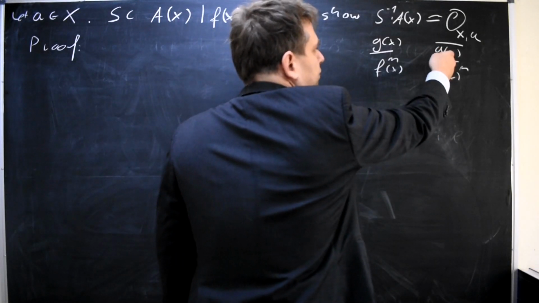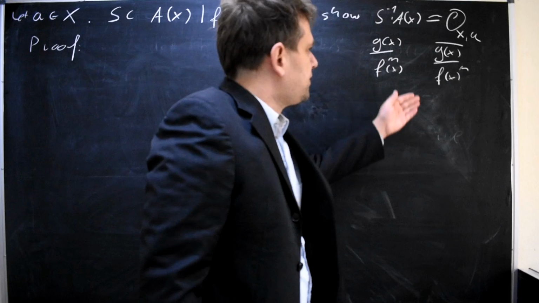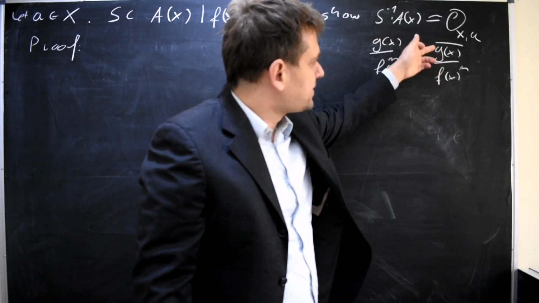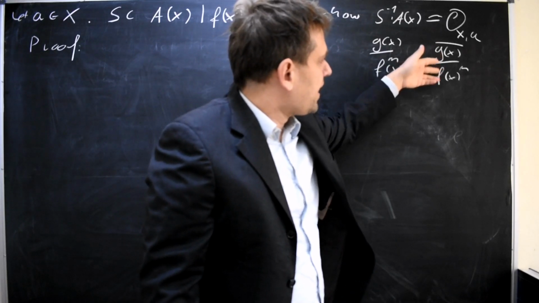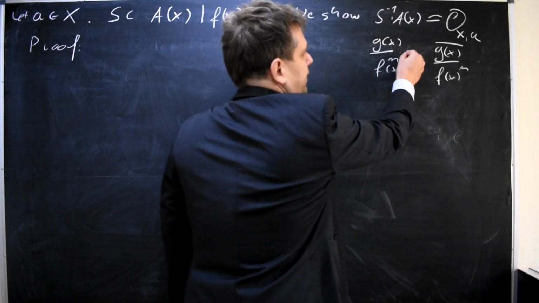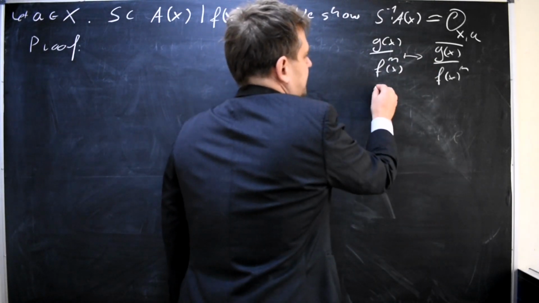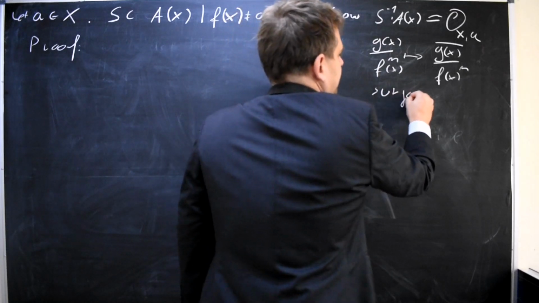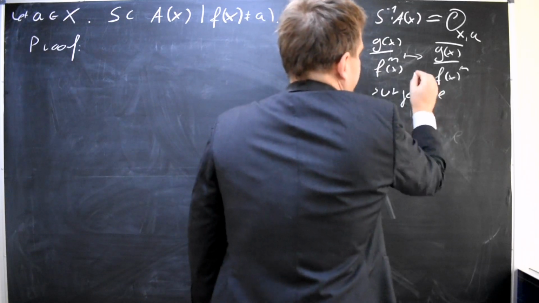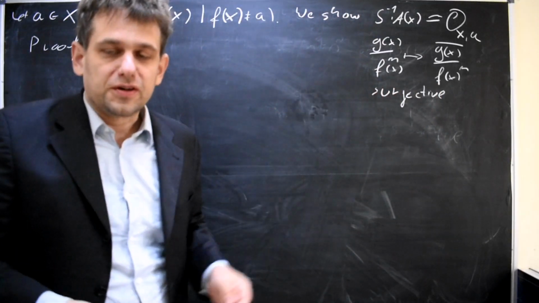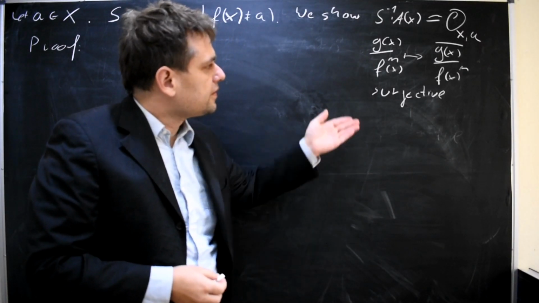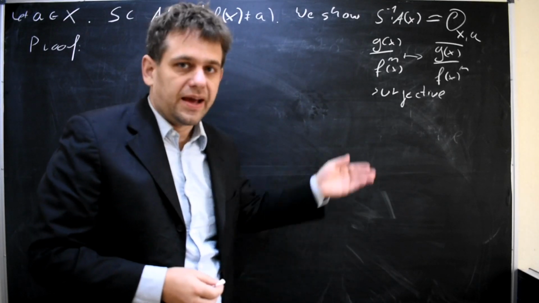So for every equivalence class, for instance this one here, that has as a representative g(x) divided by f(x) to the n, we just map this formal fraction to this, and this is by construction seen to be surjective, and of course also a K-algebra homomorphism.